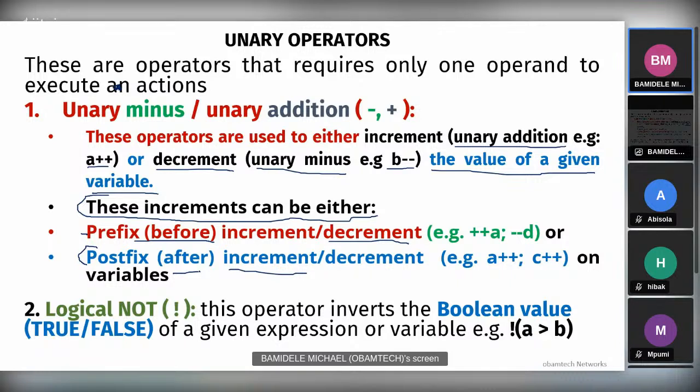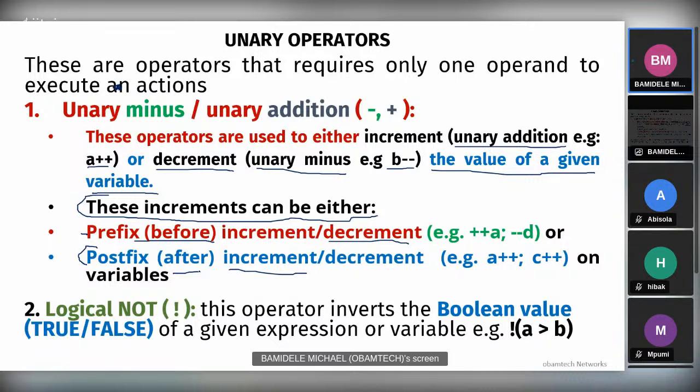Taking a deep breath and reflecting quickly: unary minus, unary addition, minus and plus. Unary operators generally execute actions or perform operations on just a single operand, a single variable. Unary minus is used for performing decrement operation.